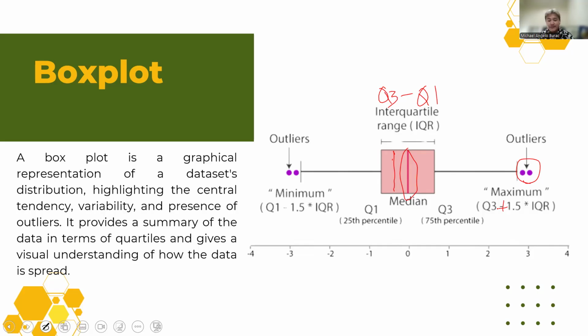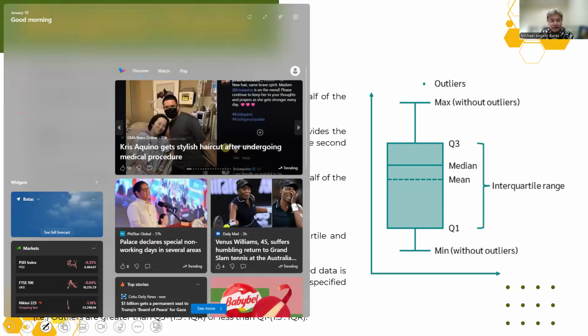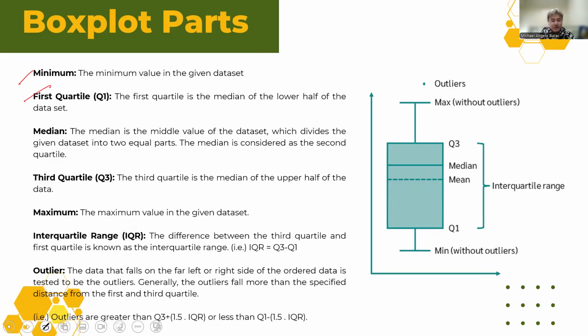So this is the detailed description of each of the numbers. It's called a five number summary: your minimum, first quartile, median, third quartile, and maximum.